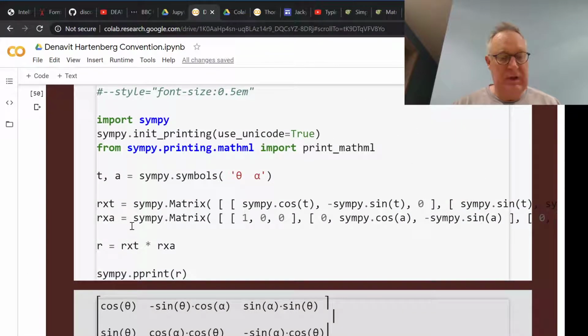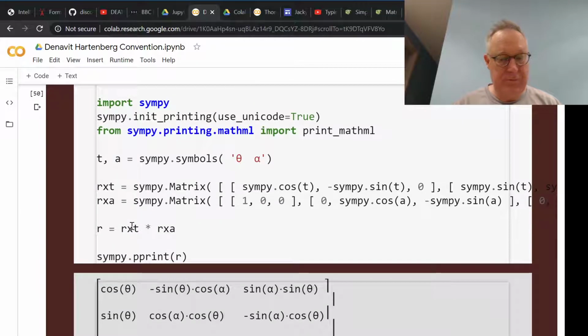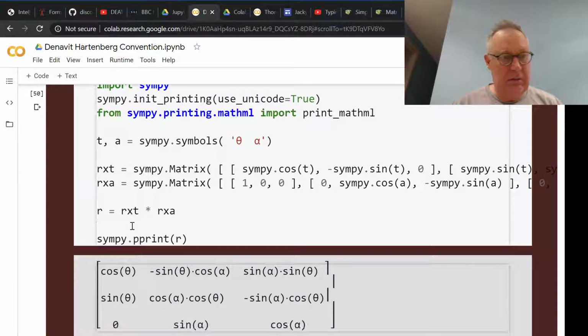So now let's continue with the Denavit-Hartenberg convention. So the first assumption is that z_{i-1} and x_i intersect.